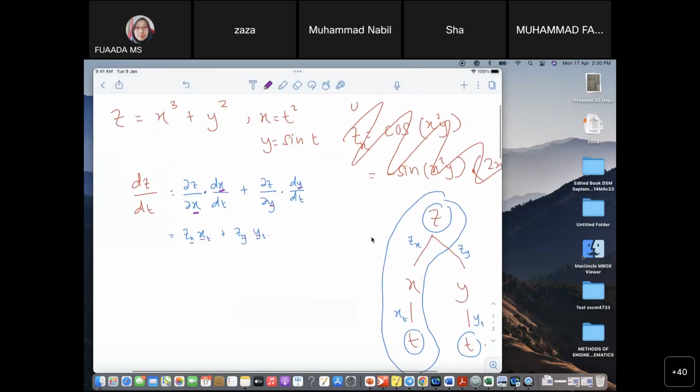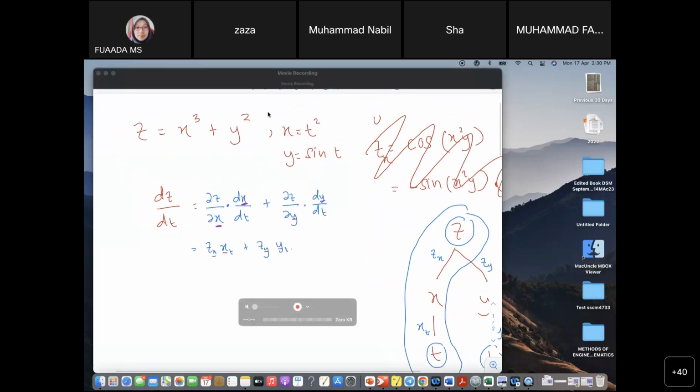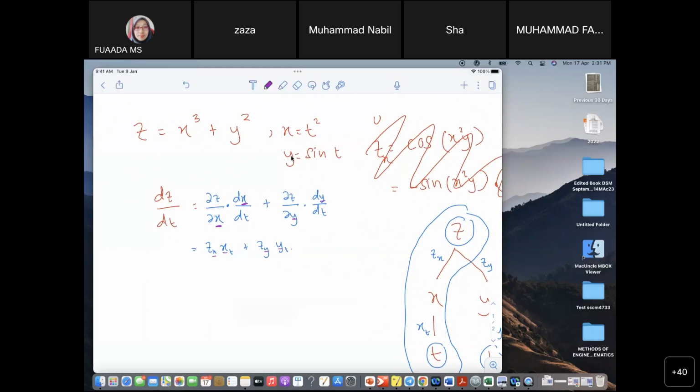Okay, so based on the function and the equation given here, so you have to find the Zx, Zy, Xt and Yt. So, okay, Zx. Zx, y constant, so you have 3x squared plus 0. And the other one, Zy, x constant, so 0 plus 2y.